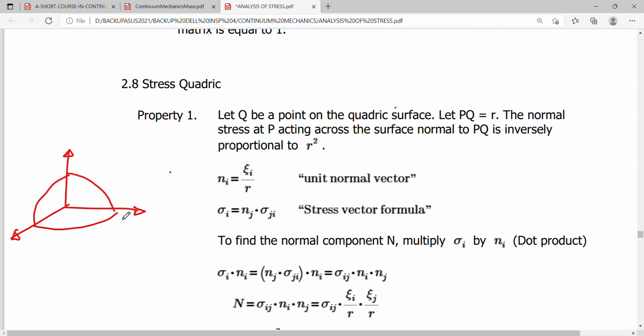representation of a cylindrical surface, etc., which is actually formed from the nature of the stress tensor.